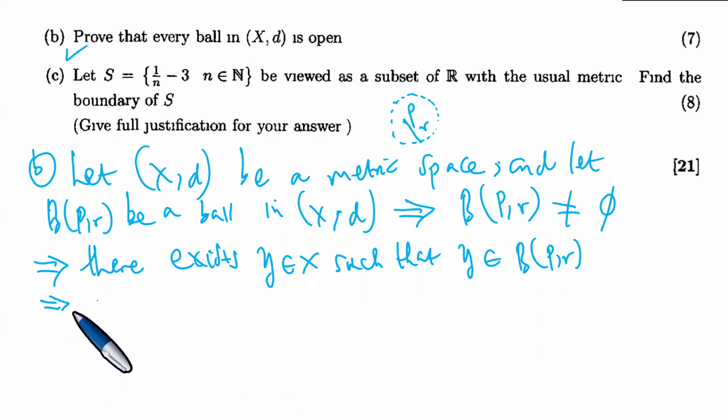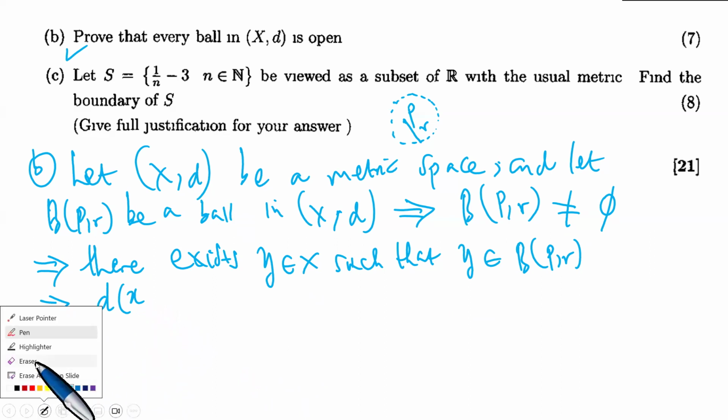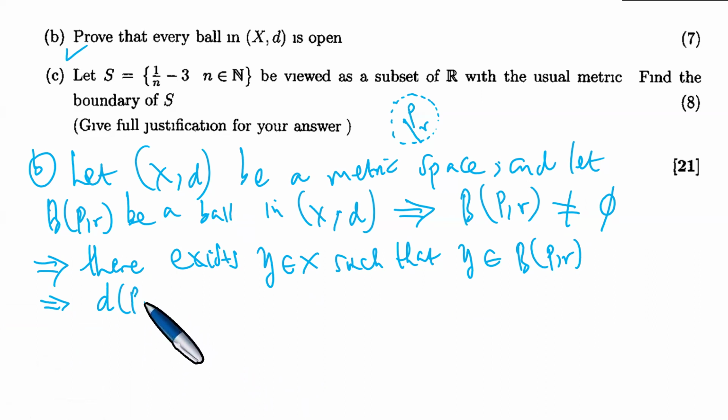One of the implications is that, using the distance function, we can find the distance between our initial point p and the point y, and this distance is smaller than r.